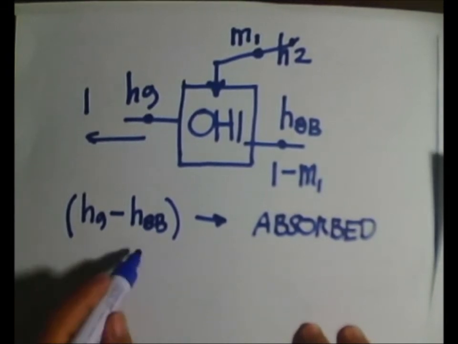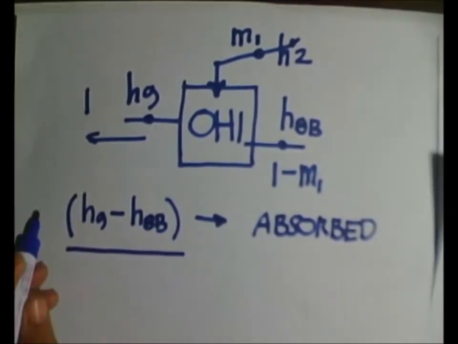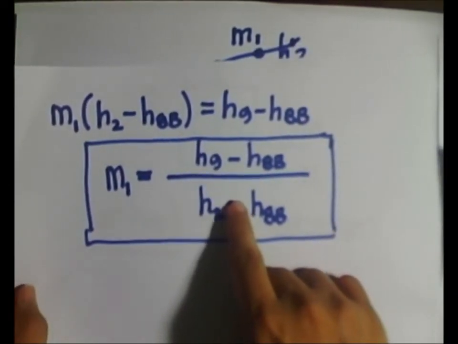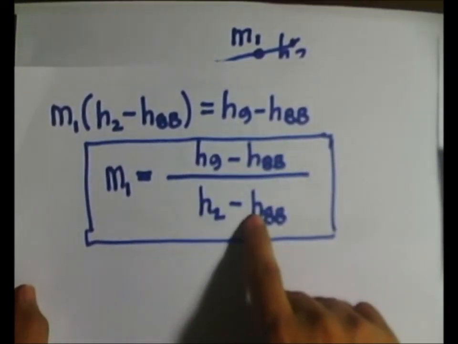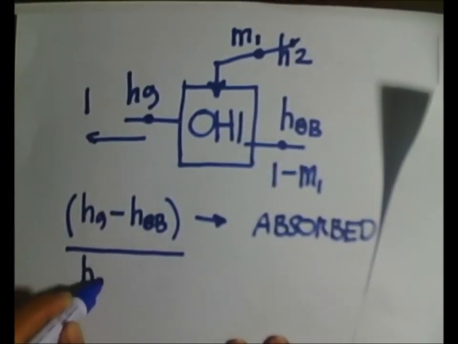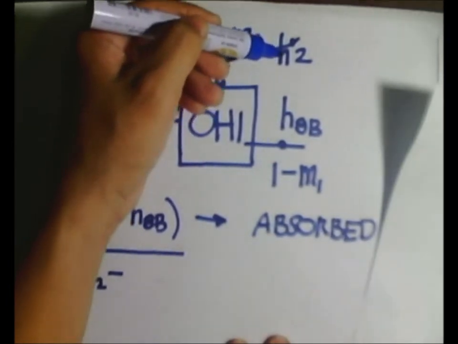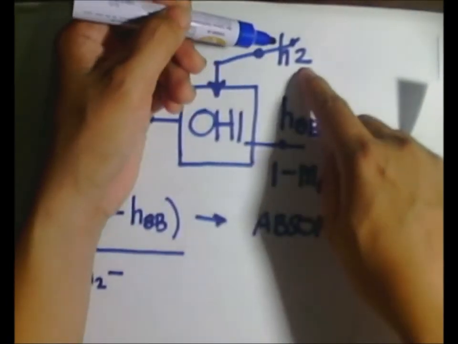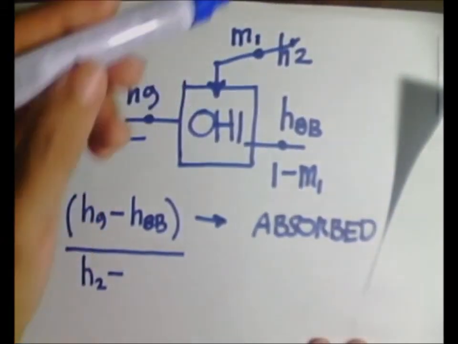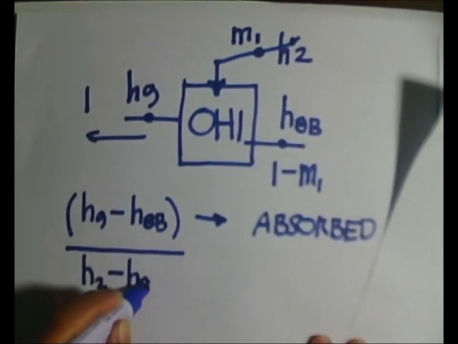While the other one, so what we have here, M1 equals to these things. H2, this one here, that steam from the extraction point, minus H8B.